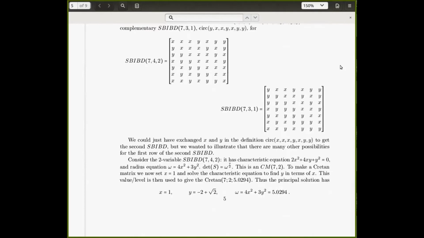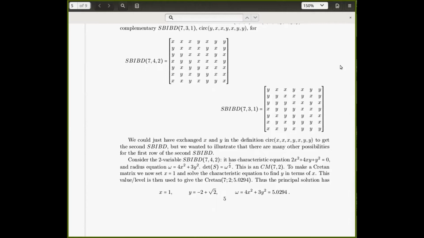Now, if we want to turn this into a Cretan matrix, we're going to have some element equal to 1. So without loss of generality, we're going to say that x is 1. And the characteristic equation, which we get from taking the inner product of these equations here, there's xy, xy, xy, 4xy, and x squared and y squared.